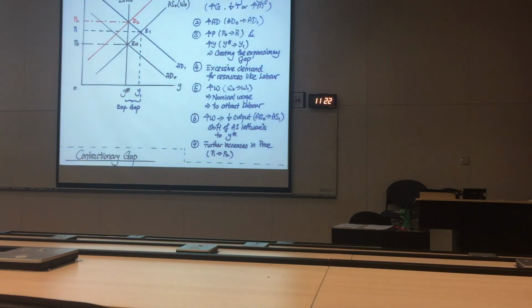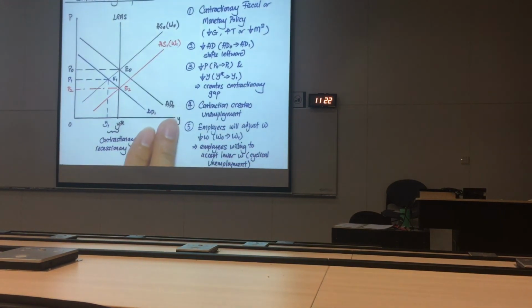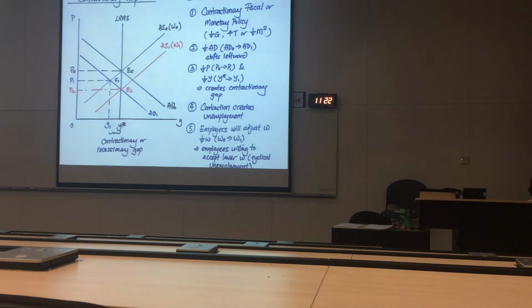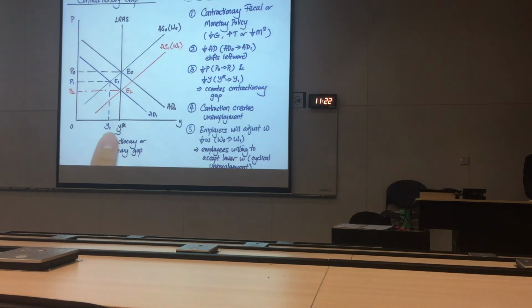So it could be expansionary. Likewise, we have no idea. It could be contractionary as well. But it's literally the same story. You start off with a level that is lower, E0. Once the policy gets put through, the AD shifts itself to the left. So you end up with Y1, contractionary gap.